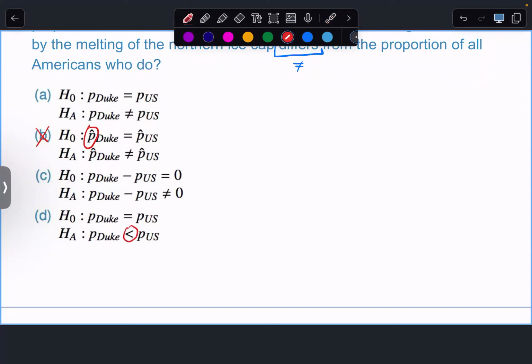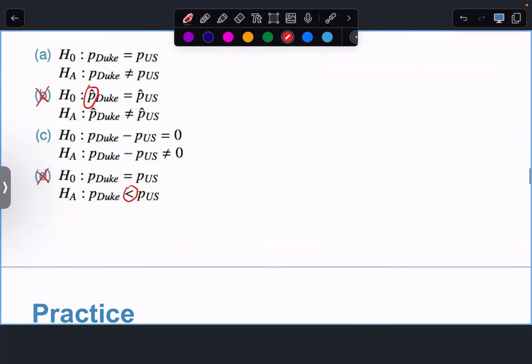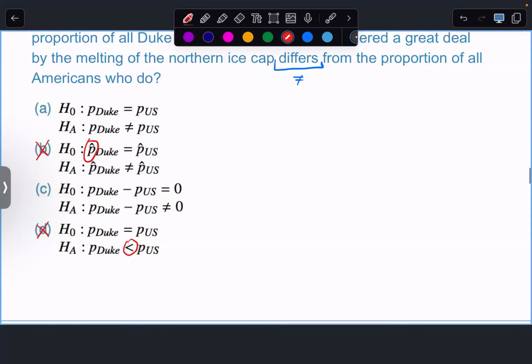But this one has a less than, which is something we might be interested in, right? Is the proportion of Duke students significantly less than Americans? We might be interested in that, but in this case, no. Which leaves us with these two options, which are both right, as we've seen on the formula sheet.